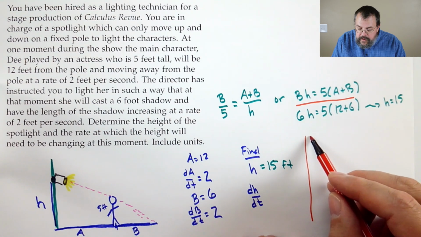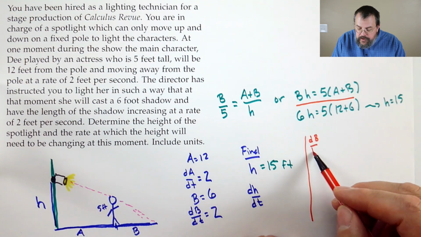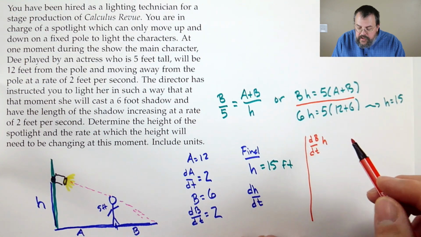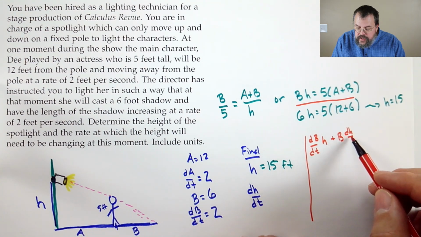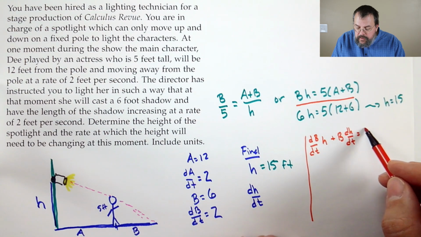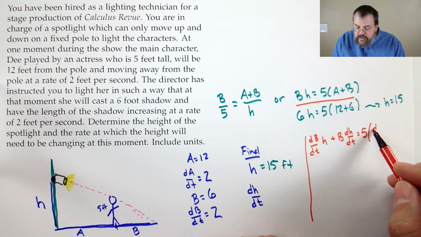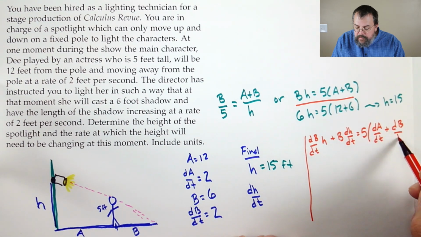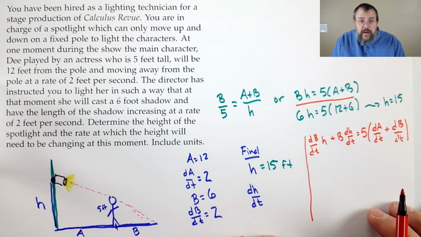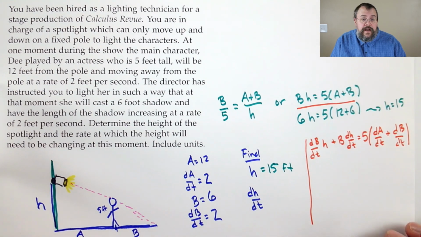So we're going to get change in B with respect to t times H, plus B times change in H with respect to t, is equal to 5 times change in A with respect to t plus change in B with respect to t. All right, so that's what we have.